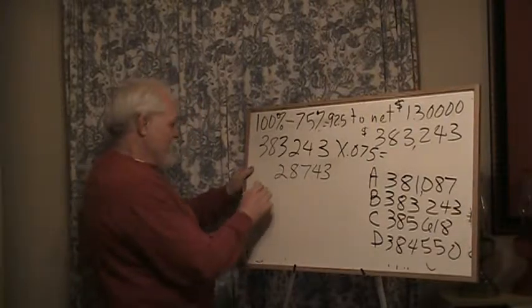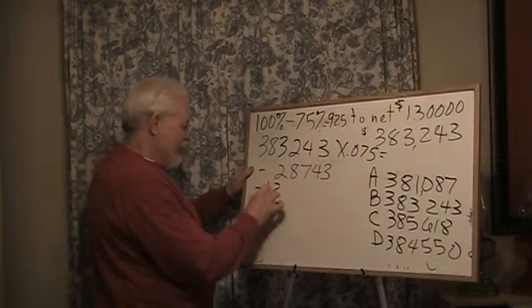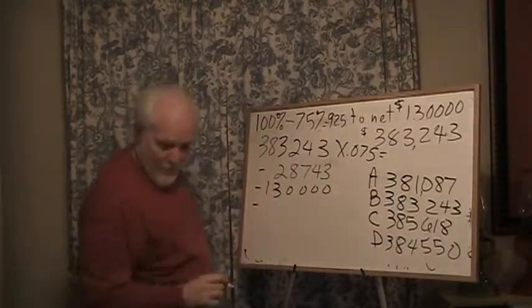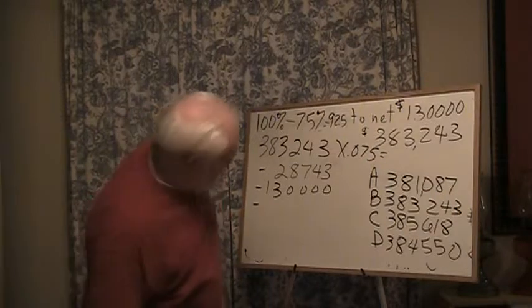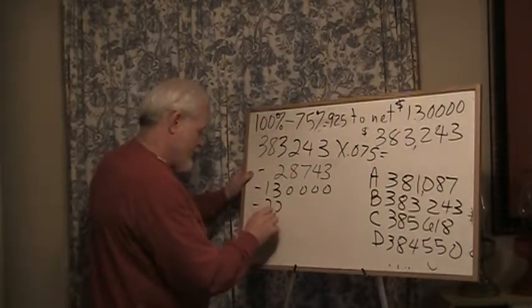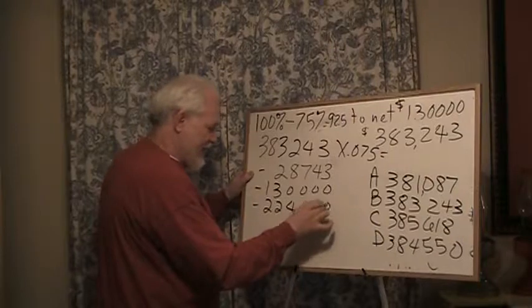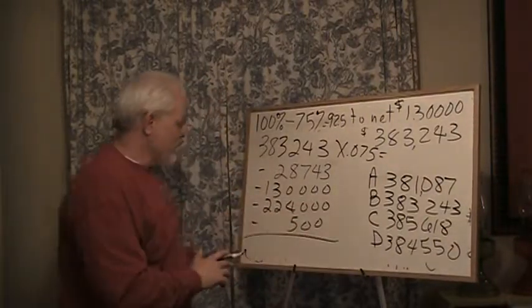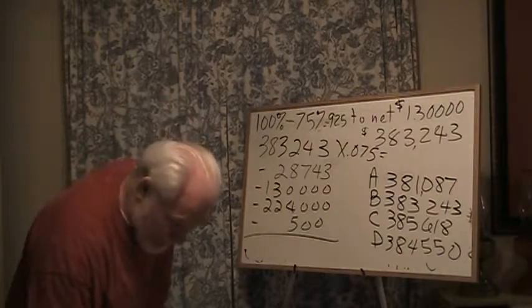Let's see, what do we have to get? We're going to subtract that. We got to get $130,000 for the seller. What was our payoff? $224,000. We got to get $224,000 for the bank, and we got to get $500 for those miscellaneous closing costs. All right. Let's see how we do here.